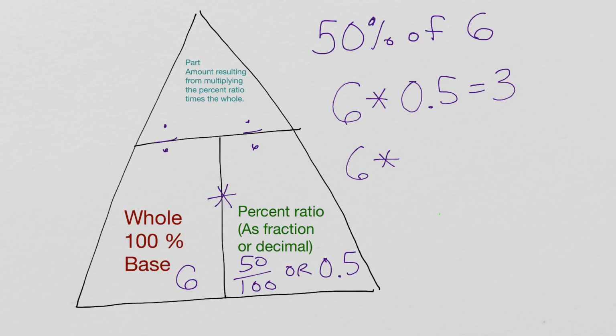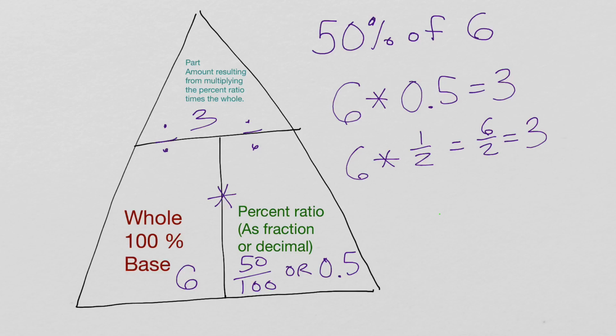6 times 1/2, which is also equal to 50 hundredths, equals 6 divided by 2, which equals 3. So we can use the percent ratio as a fraction or as a decimal. And the result is 3, so the part is 3.